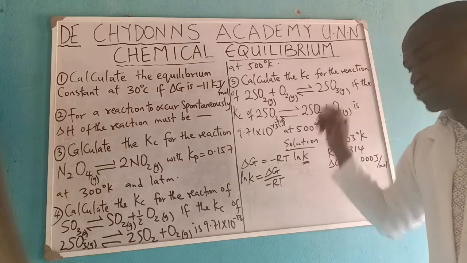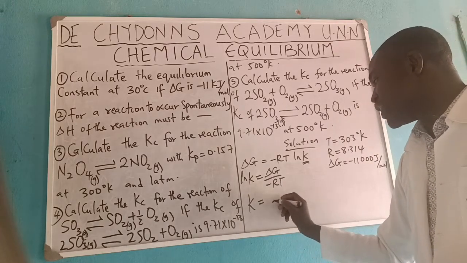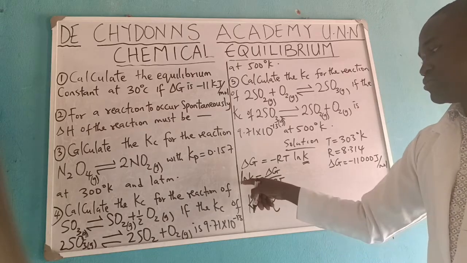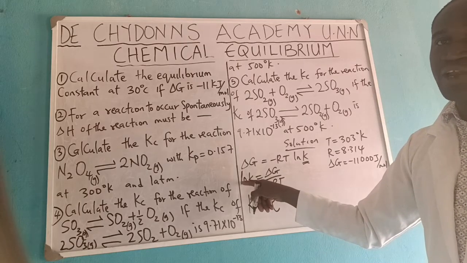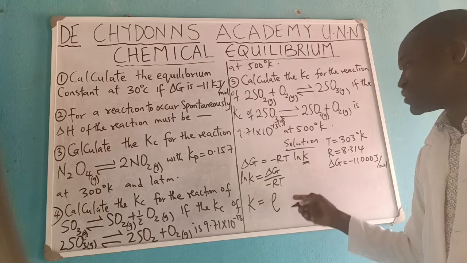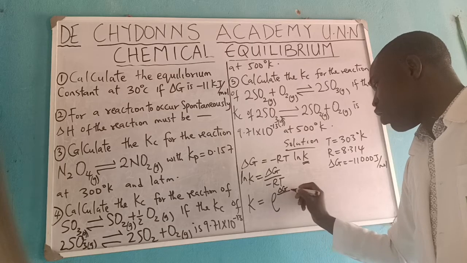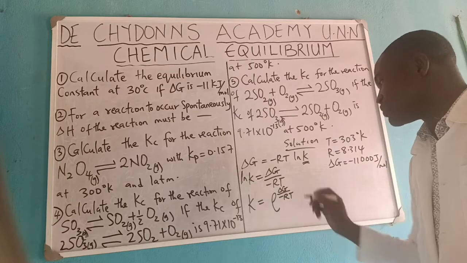That E you know. I'm removing ln, so I'll be having exponential at the other side. Exponential raised to the power of change in G all over minus RT.